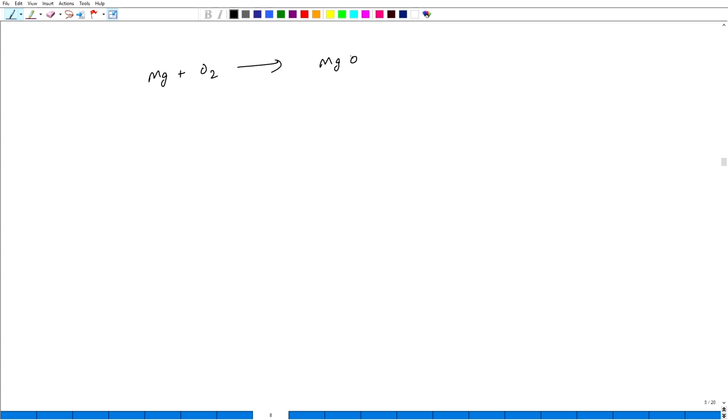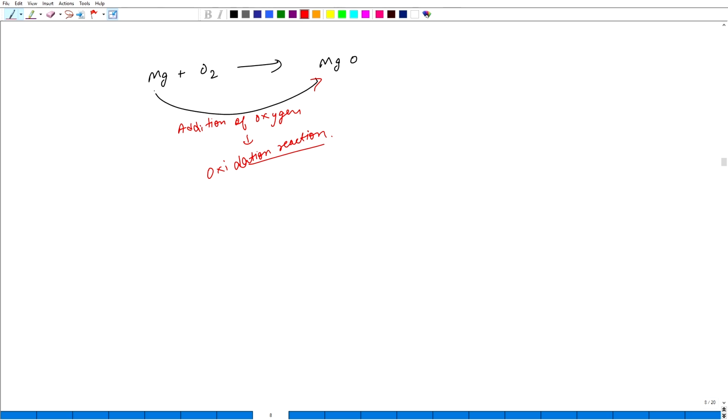What I have told you is that with this magnesium, an addition of oxygen has happened, and I have told you this is an oxidation reaction. This is true, this is an oxidation reaction, but right now we are seeing from the magnesium perspective.